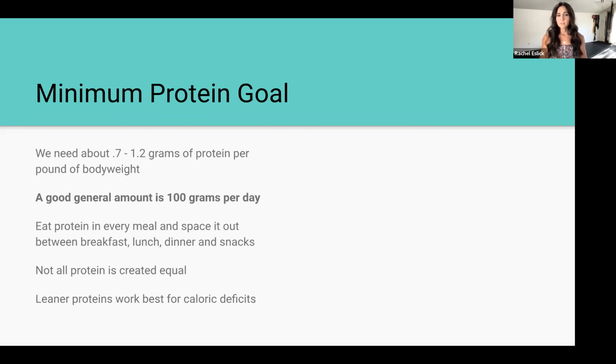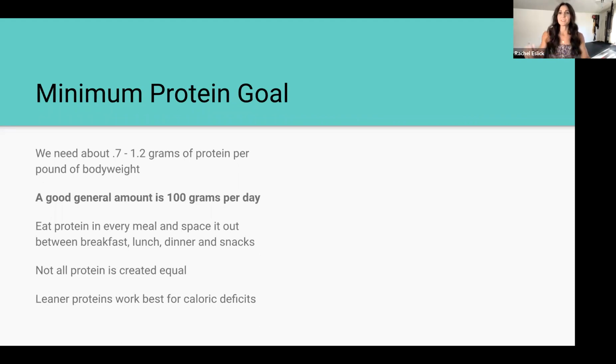So I recommend when we're trying to get to that 100 grams of protein per day goal, we eat it throughout the day. Don't just have zero protein and then at dinner be like, cool, I have to eat 20 ounces of chicken. That's not going to feel good to you. And then drink egg whites after that. That's not going to be fun.